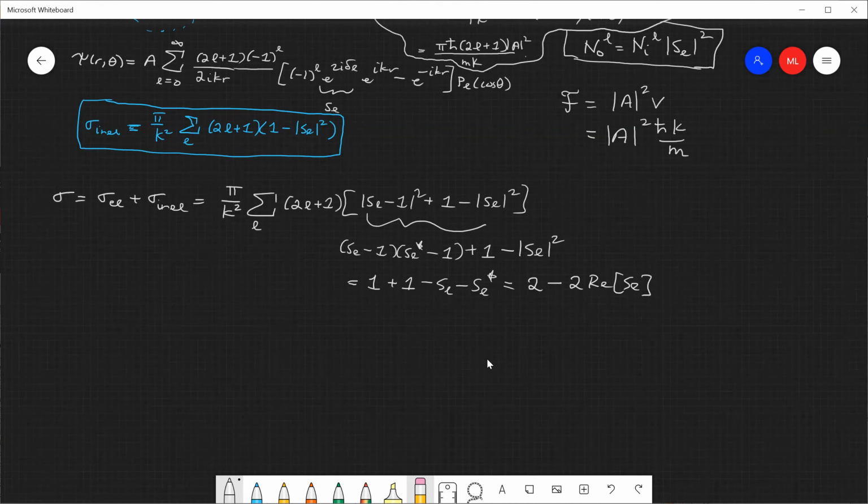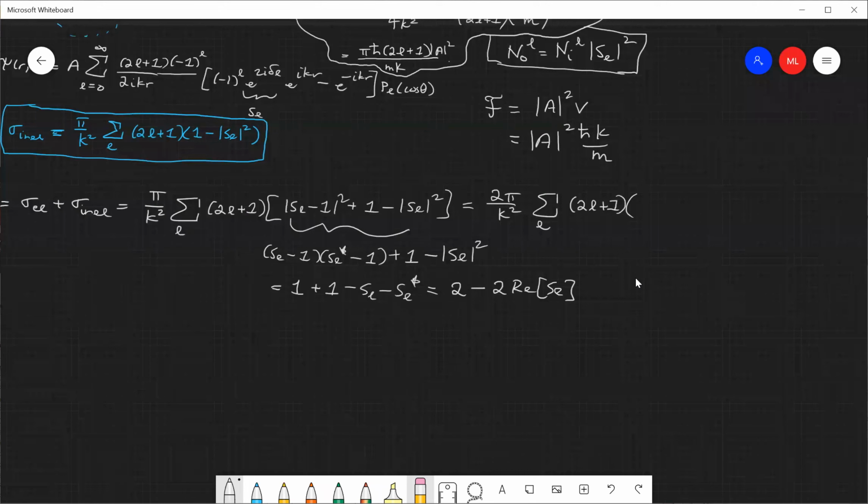So all of this tells us that the total cross section is actually given by a sum over L of 2L plus 1 times 1 minus the real part of S_L. And that's a very important formula.